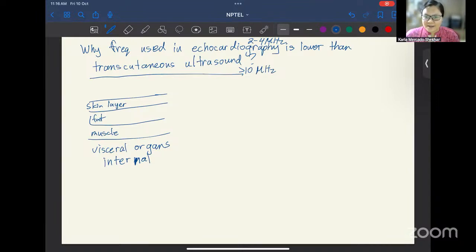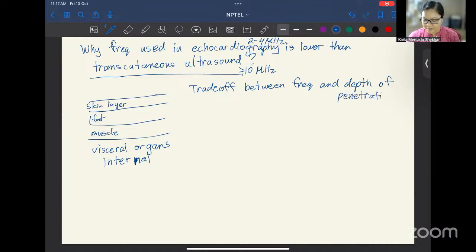So then why is the frequency in echo lower? Basically, we understand that there's a trade-off between your ultrasound frequency and the depth at which you can image. It's called depth of penetration, or I can say depth of imaging.